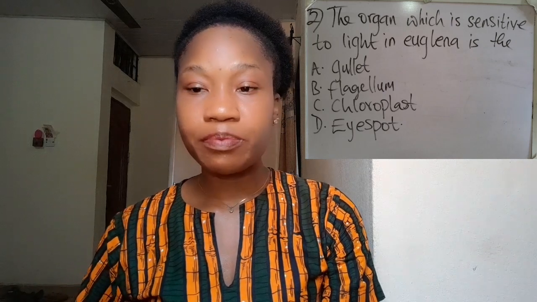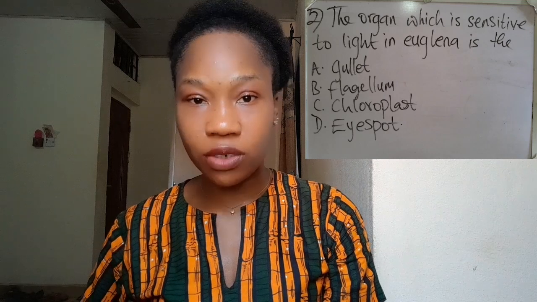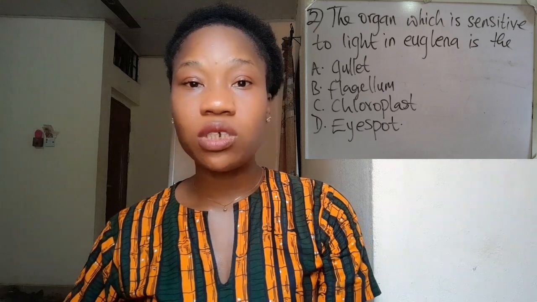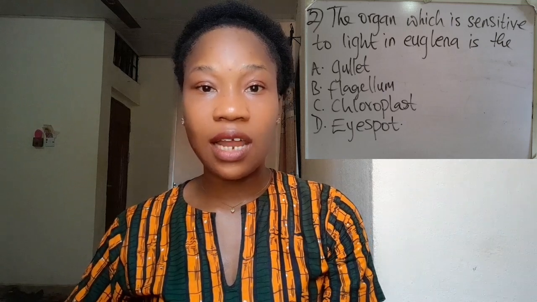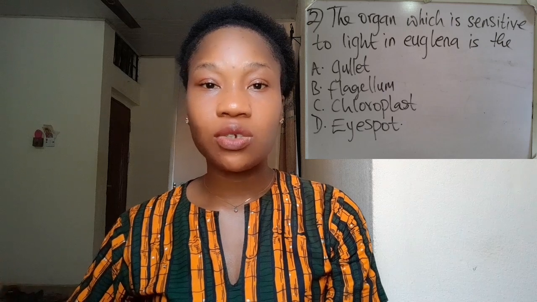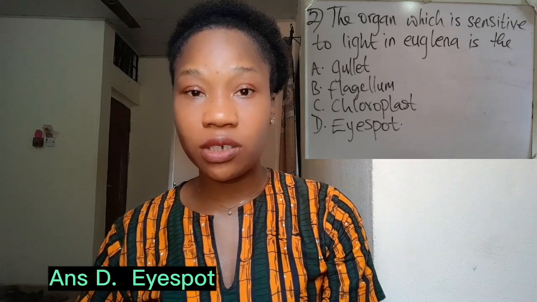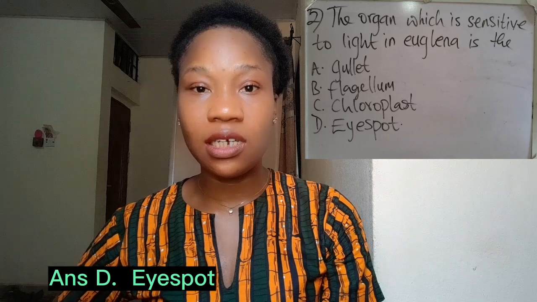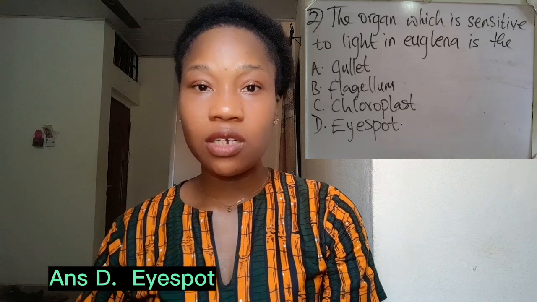Then option D says eye spot. Now, the eye spot is that sensitive part that is just like the antenna in an insect, which is highly sensitive to light or any movement. So that is the answer to this question, which is option D, the eye spot. Now let us go into the next practice question.